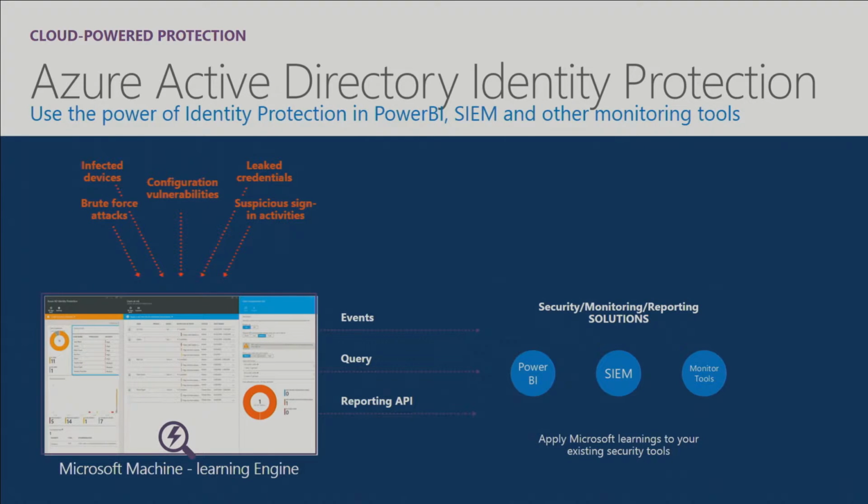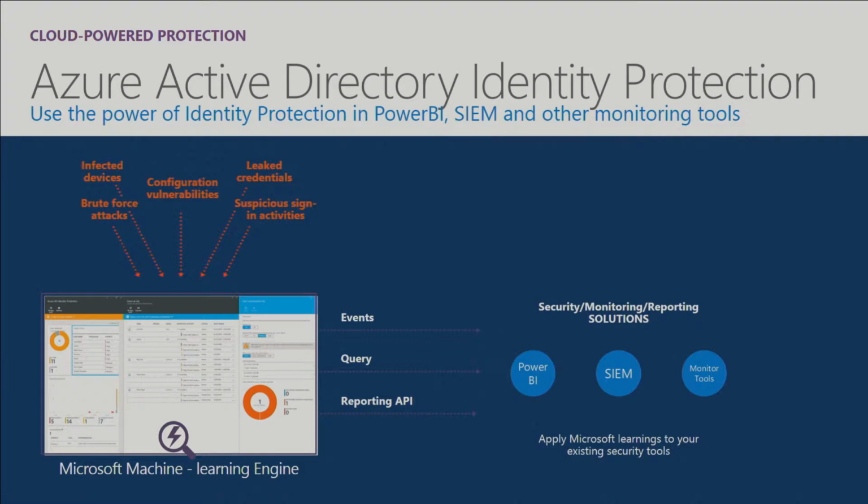Our customers have broader needs than those. Giving all this data within our experience is not good enough. We have data which shows that for every customer, they have like 2.3 SIEM systems. And what we really want to do is to avoid adding to it. So we have REST-based API support, so all the intelligence that Identity Protection has to offer, you could push it into your SIEM system. If you're a heavy Power BI user, you can push that data to Power BI.